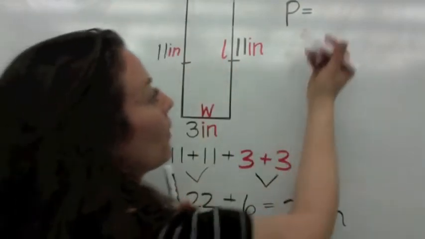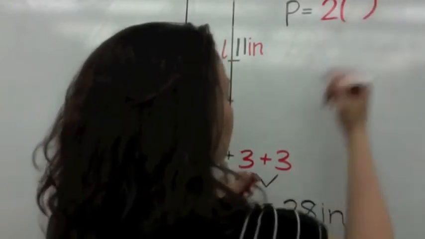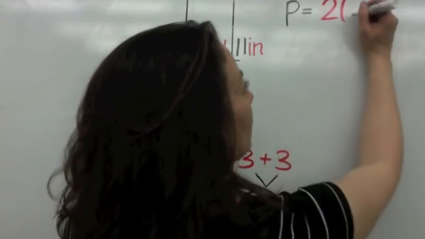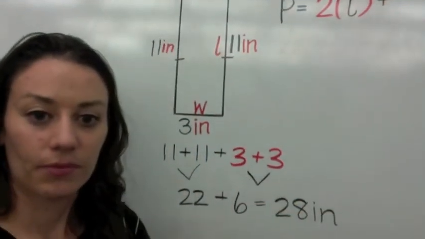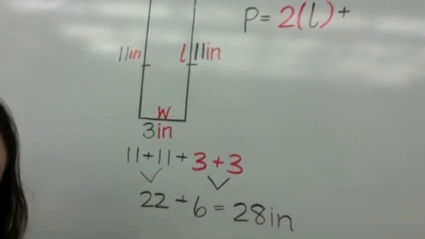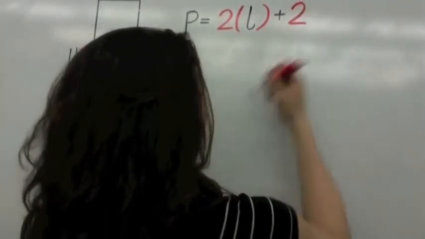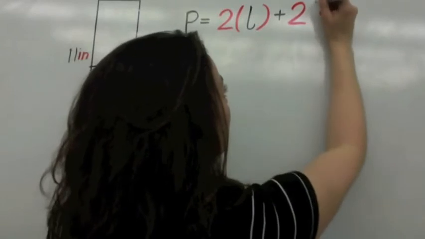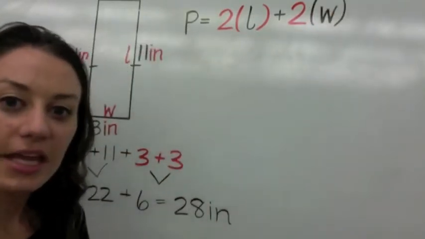So we could take 2 times the length plus 2 times the width. 2 times the length plus 2 times the width.